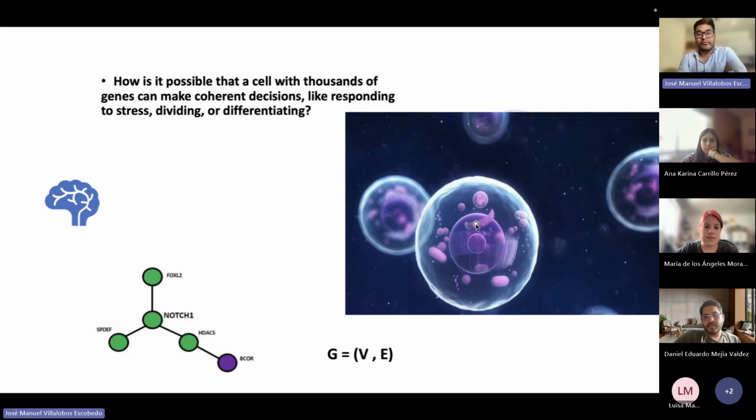It is not necessary for one gene, right? Or two genes. It's many genes that are able to take a decision, like thinking, right? How can they do that? How is the cell able to fix all of this stuff and resolve this big complex problem?